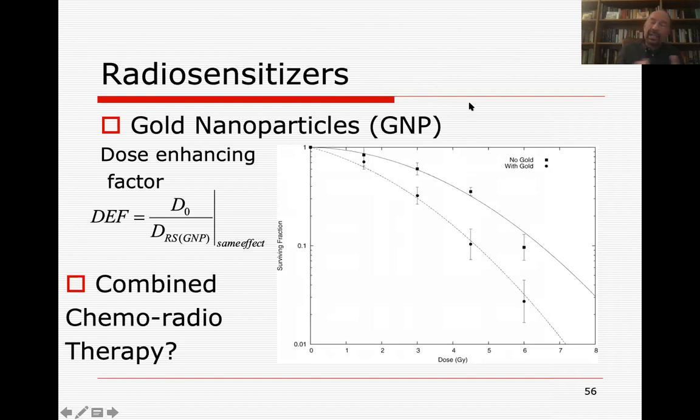On the side of the radiosensitizers, one molecule that is very much studied now are gold nanoparticles. You see, the gold nanoparticles can go specifically into the tumors, because these are nanoparticles, only nanometer size. They're only 2-3 nanometers in diameter. And you see that they can actually increase the sensitivity.